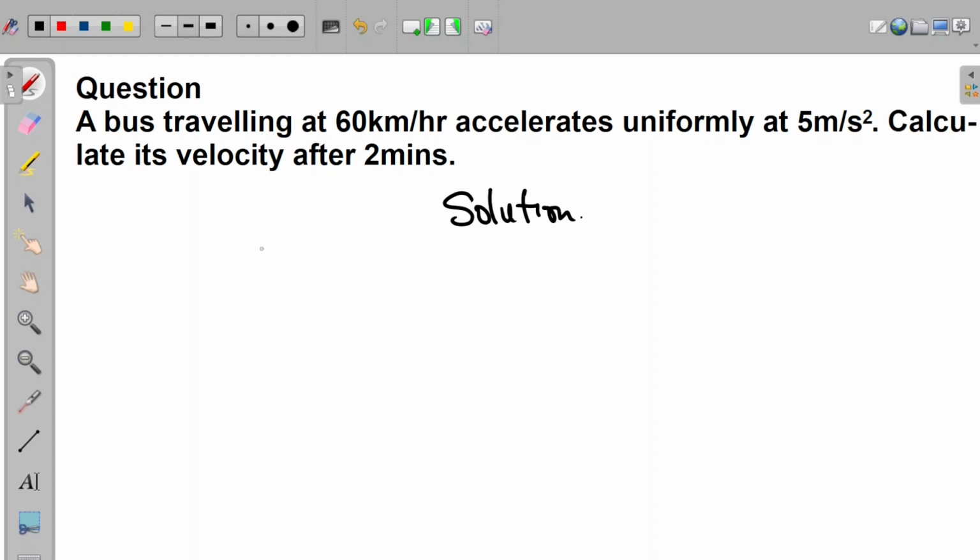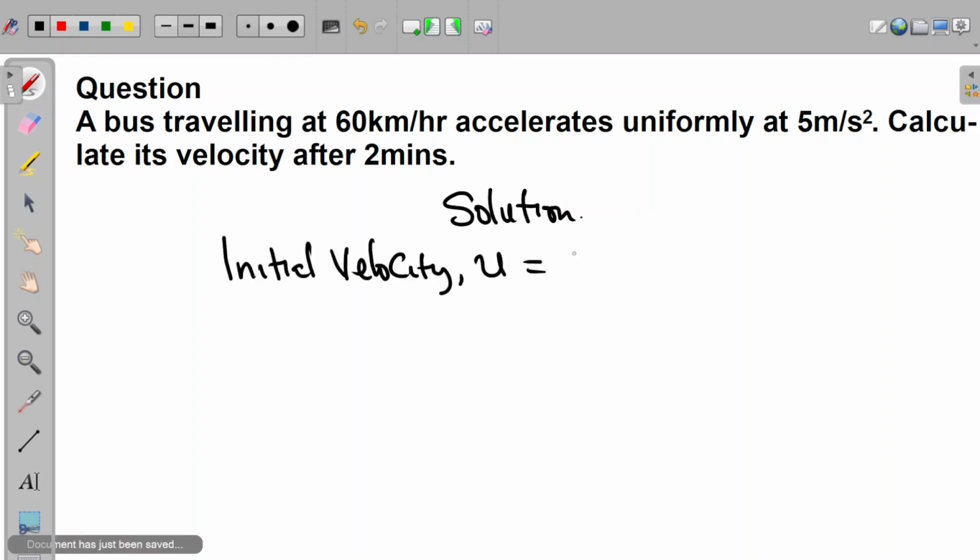So the first thing we do is to write out the quantities that are given to us. So they said a bus traveling at, that means the initial velocity u is equal to 60 km per hour. But then we need to convert this to SI unit.